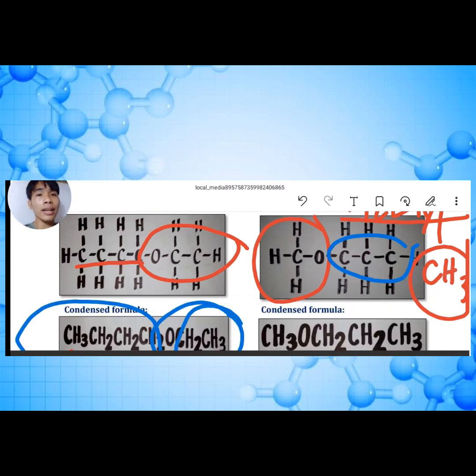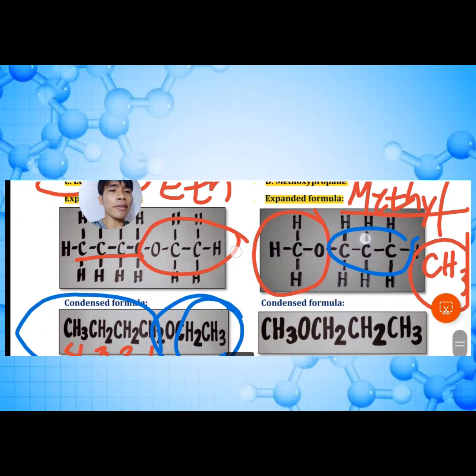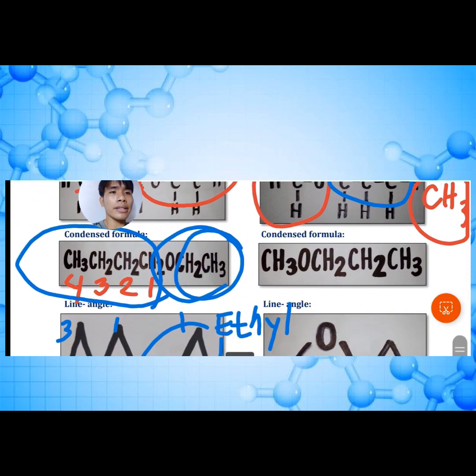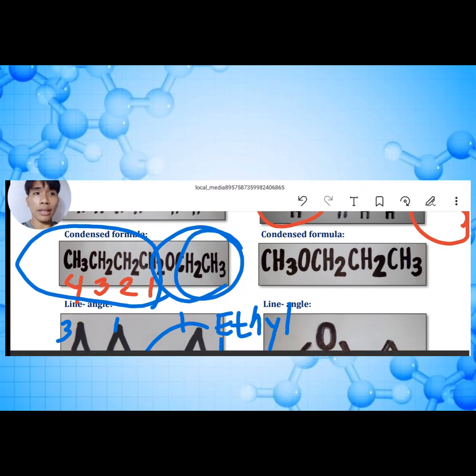Again, methyl composed of 1 carbon, ethane composed of 2 carbons, propane composed of 3 carbons, and butane composed of 4 carbons, and so on. So the condensed formula of the methoxypropane is this.